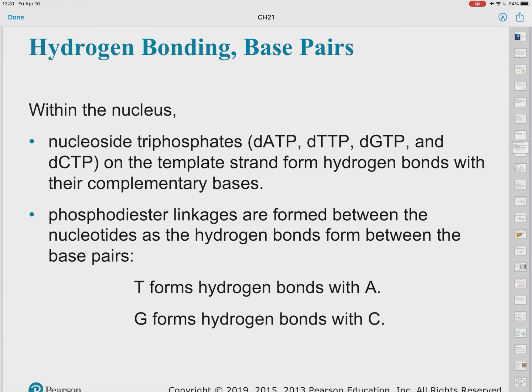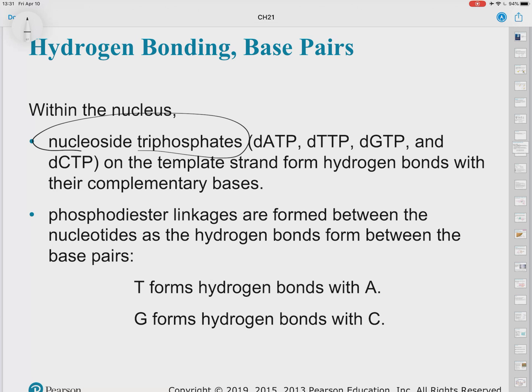Some of the requirements in order to get DNA replication happening is you have to have plenty of those nucleotides. Well, they're not nucleotides yet, right? They're nucleosides that are going to be reacted with that growing chain to then become a nucleotide. You got to have that phosphate backbone to be a nucleotide.